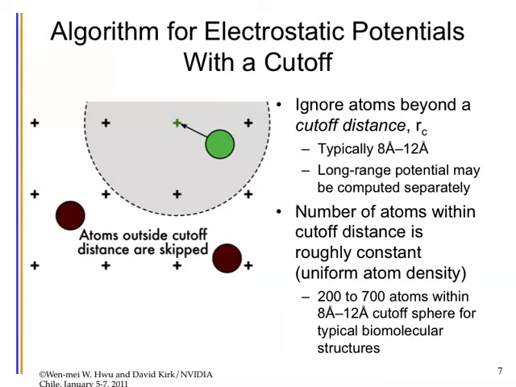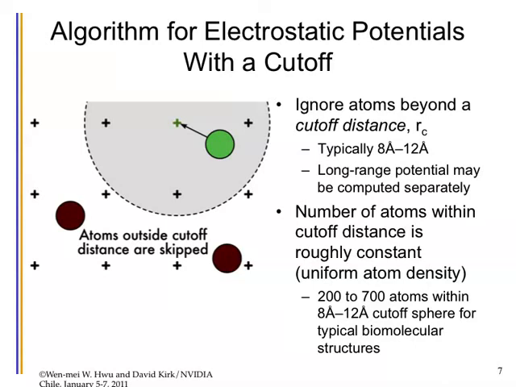For this particular Coulombic summation algorithm, once the distance goes beyond a certain point, you can start to ignore the effect of these atoms on the grid points. For biomolecular simulation, typically the cutoff distance is between 8 angstrom and 12 angstrom.